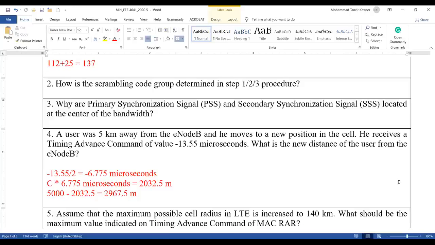On one hand, you have orthogonality among the subcarriers, which we showed, that you have zero power at the adjacent subcarriers. The other type of orthogonality is in the code sequence, the PSS sequence or SSS sequence. These sequences have orthogonality among themselves.